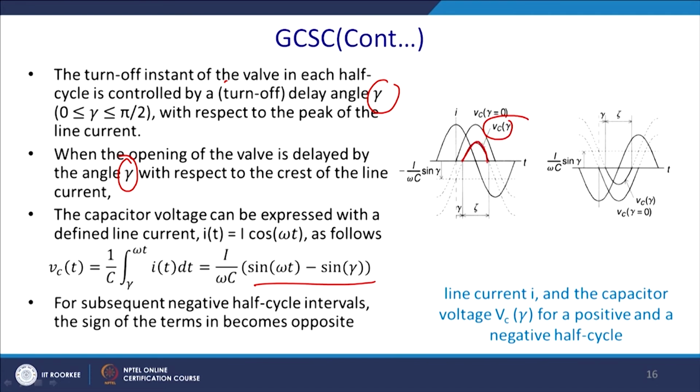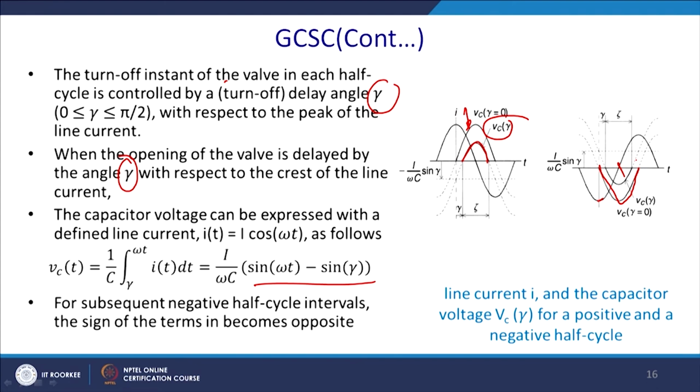So, this is the voltage which you can control, and if you don't give any triggering, this will be the case. So, you can have a control over it by this. Similarly, the same thing happens in the negative half cycle. Ultimately this is the current and this is the voltage uncompensated, when you do not trigger.